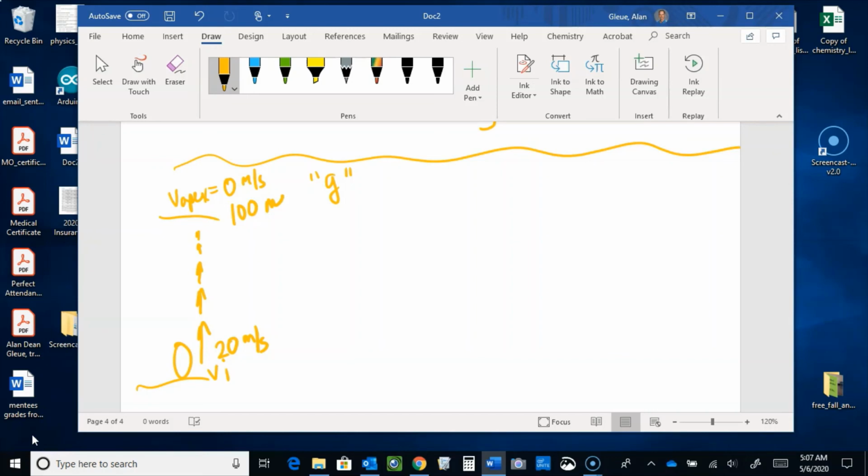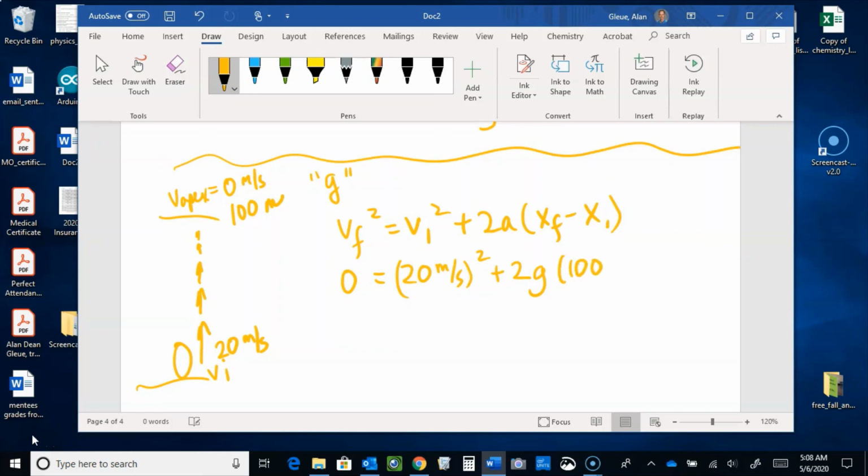And so again, with no time, it'd be nice to use our timeless or combination equation. That final velocity we're calling the apex velocity, and that'll be 0. Our initial velocity again will be 20. We'll have to square that. And we're not sure what that acceleration is. We're calling that little g the acceleration due to gravity for this planet. And we know the object goes up 100 meters. And it starts at the surface, which we're calling a reference point.